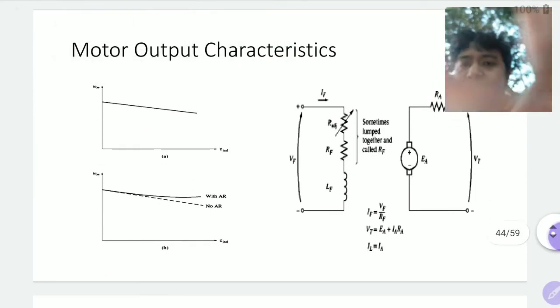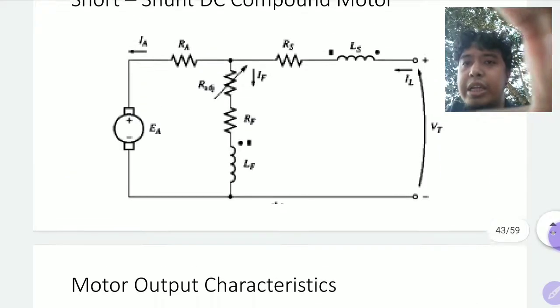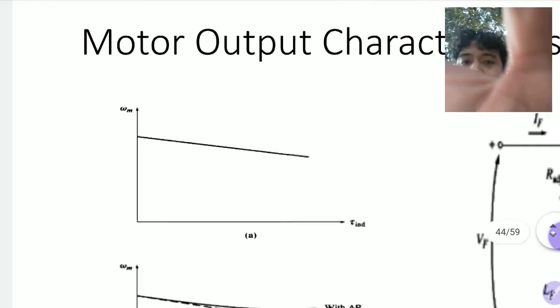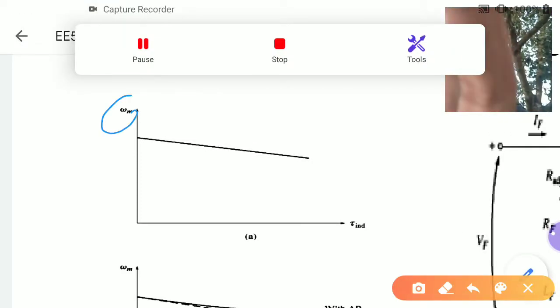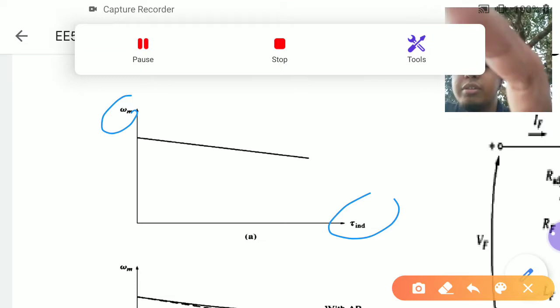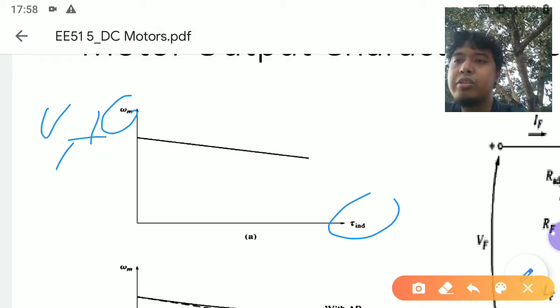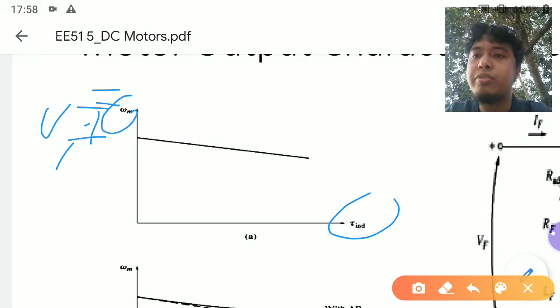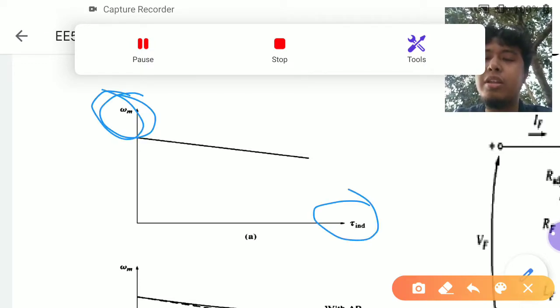Output characteristics of the motor. Unlike generators, where what you compare is voltage and current, for motors you want to compare RPM and torque.